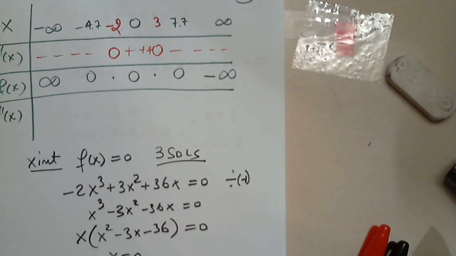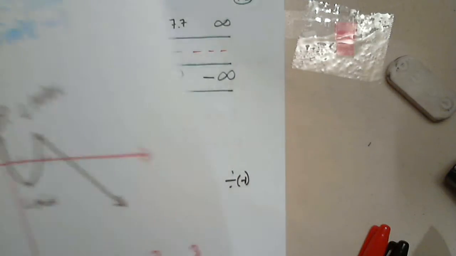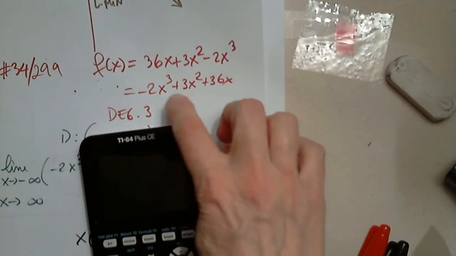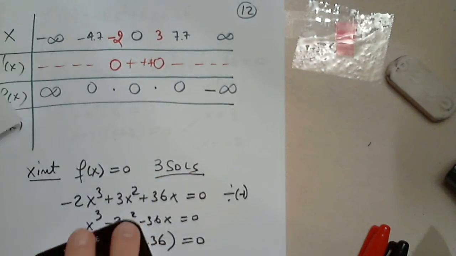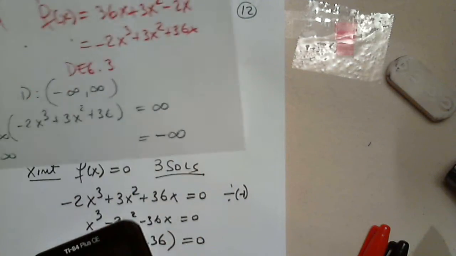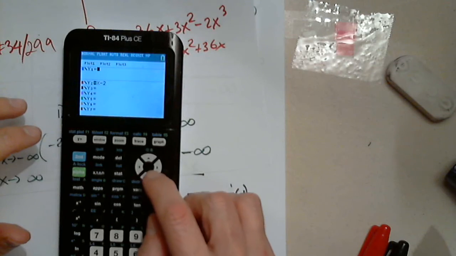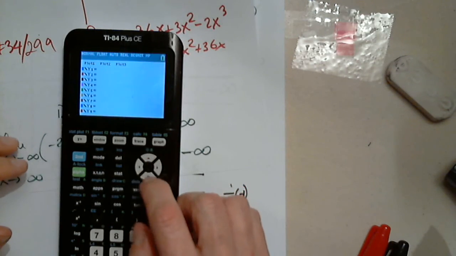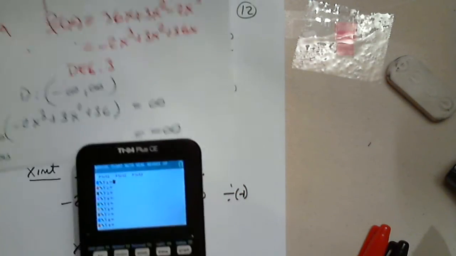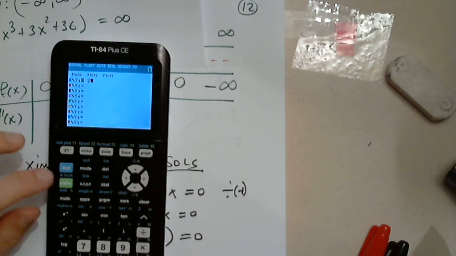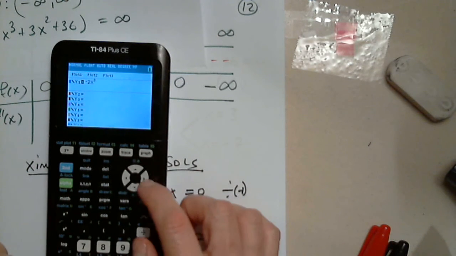So where's my function? I have it. Okay, here it is. In this function in the graphing calculator, I will plug in negative 2 and 3, because I'm going to graph it at the end with the graphing calculator anyway, so I should have it in there. So let's plug it in: negative 2x to the third, plus 36x.